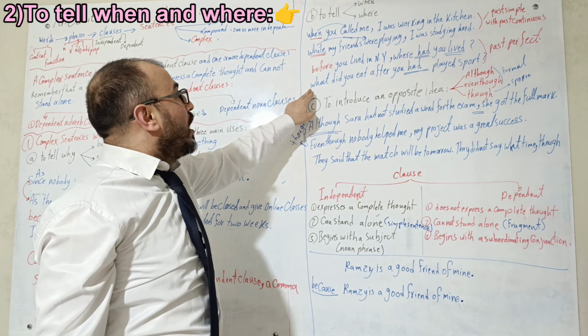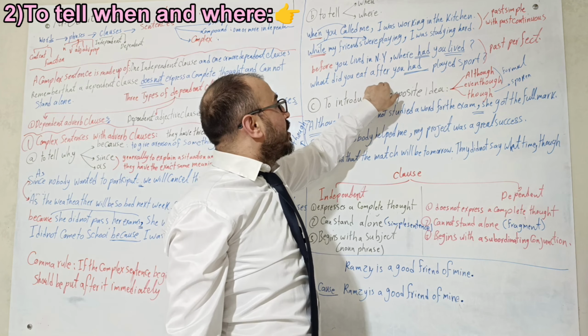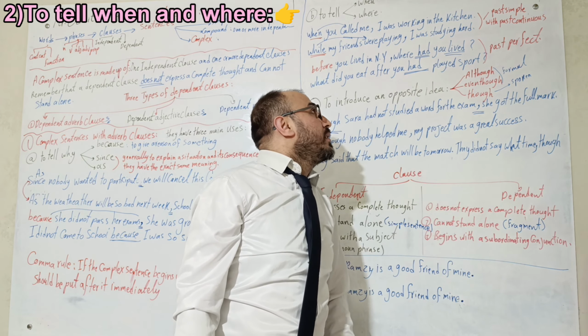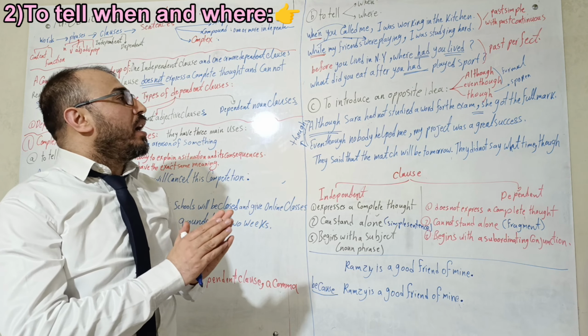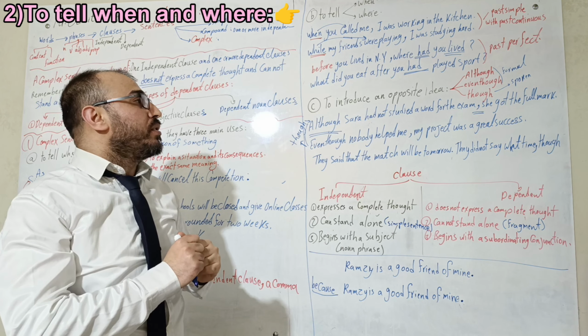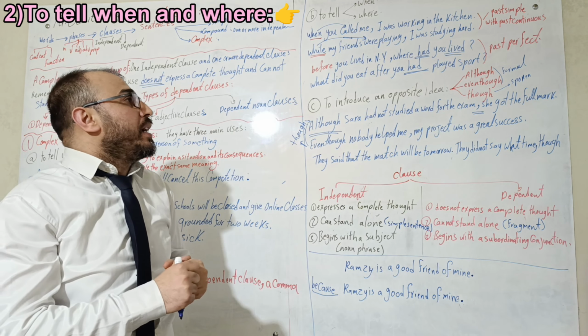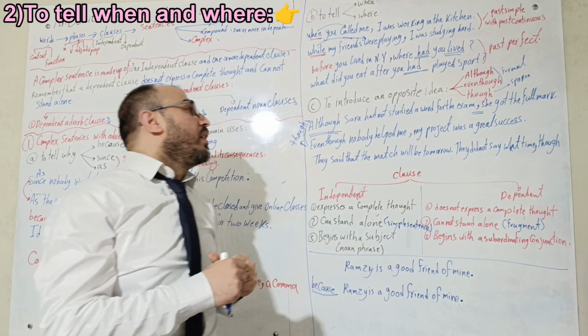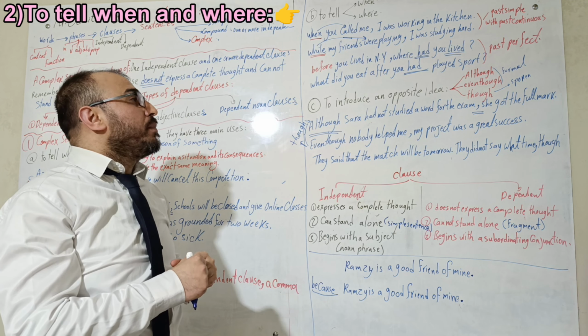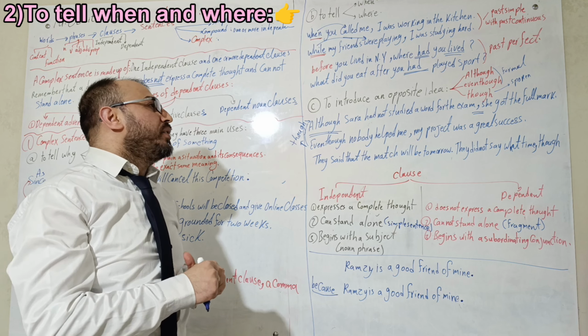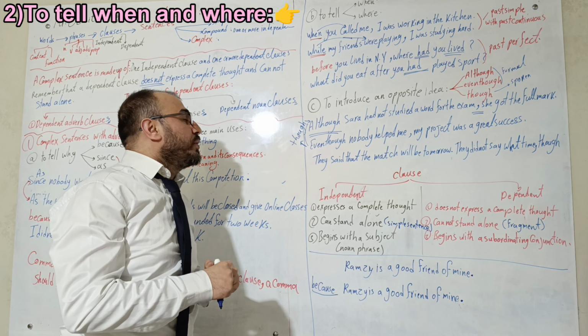And here I say, what did you eat after you had played sport? Again, my friends, I hope in the upcoming grammar course I will explain the past perfect more clearly, and I will make it easier for you.